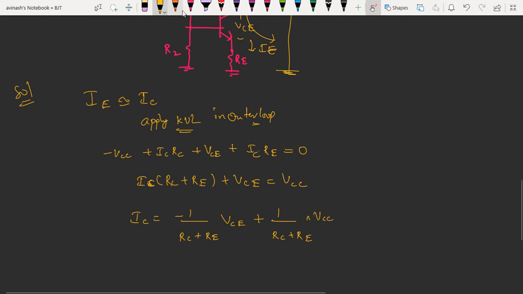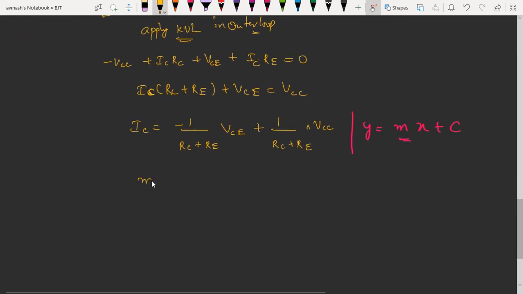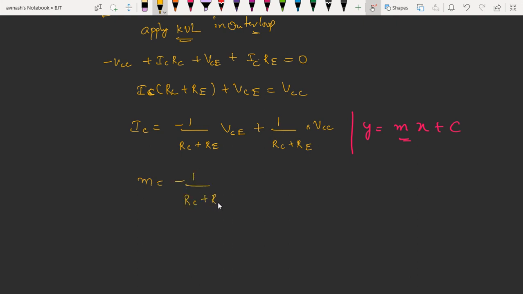If you compare this with the standard form, Y is equal to m into x plus c, what is the slope? Slope m is equal to minus 1 by (RC plus RE). Okay.